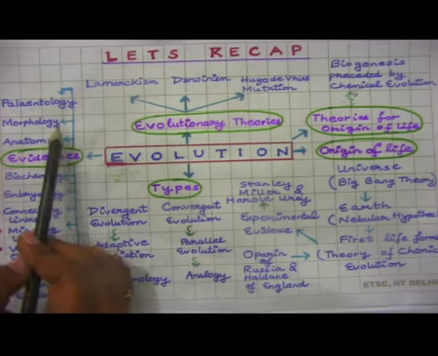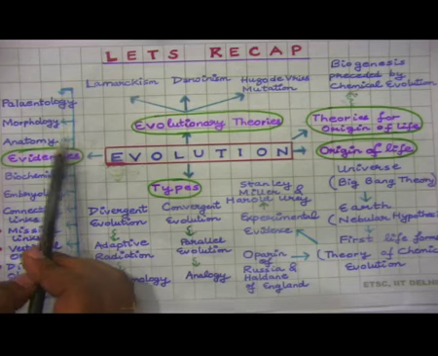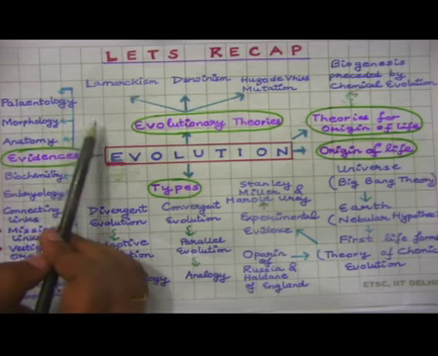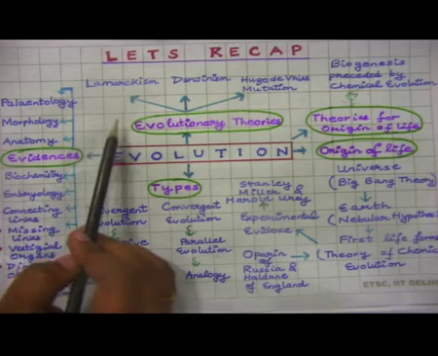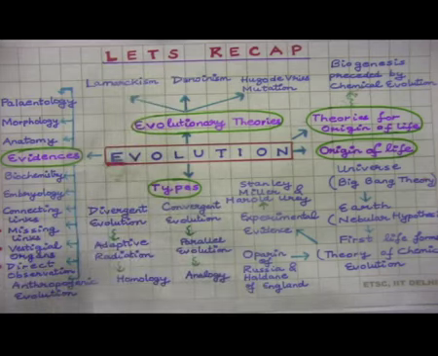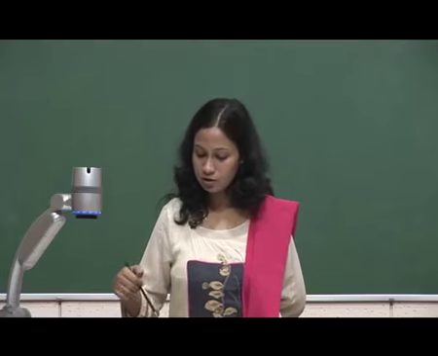Then morphology and anatomy also give us evidences of evolution. The homologous organs and the analogous organs are covered under this. Homologous organs are those organs which have the same origin and same pattern of arrangement, but have different functions because they have adapted to different environmental conditions.